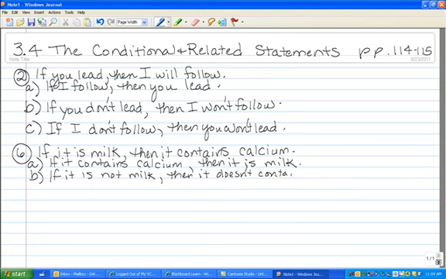All right, part C, the contrapositive, we want to switch the order and negate. So if it doesn't contain calcium, then it is not milk.